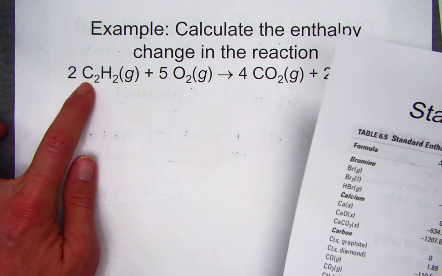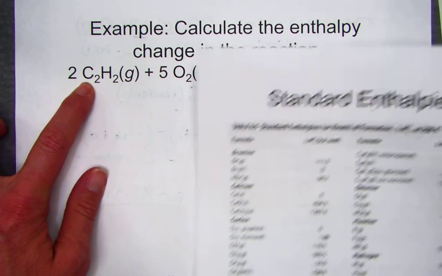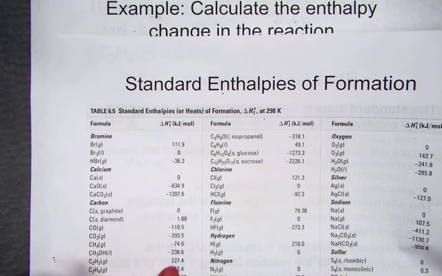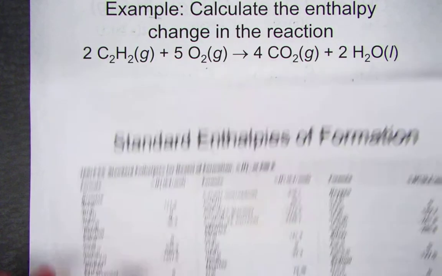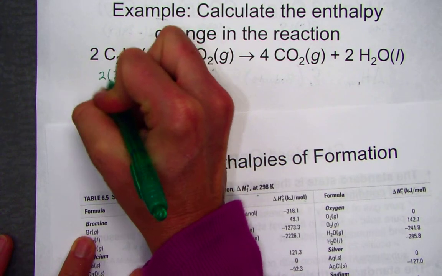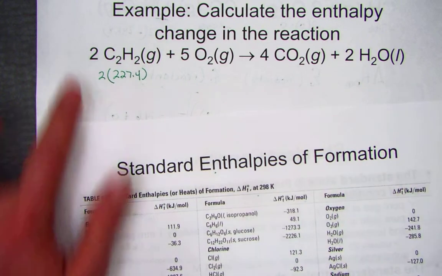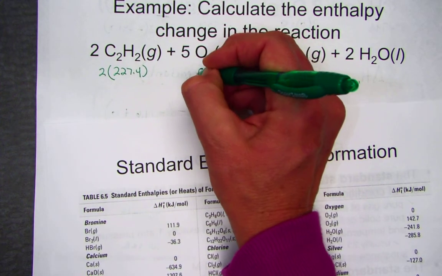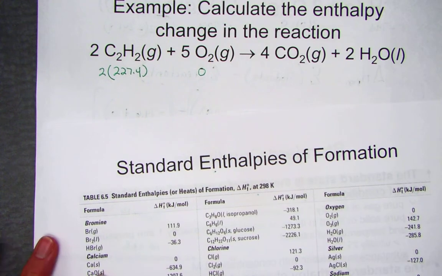Here we have C2H2 as a gas. Again, I'm just going to use my chart and find C2H2 is positive 227.4. I'll have to distribute through 2 times that value. It is a positive. Oxygen, again, in its natural state is 0.